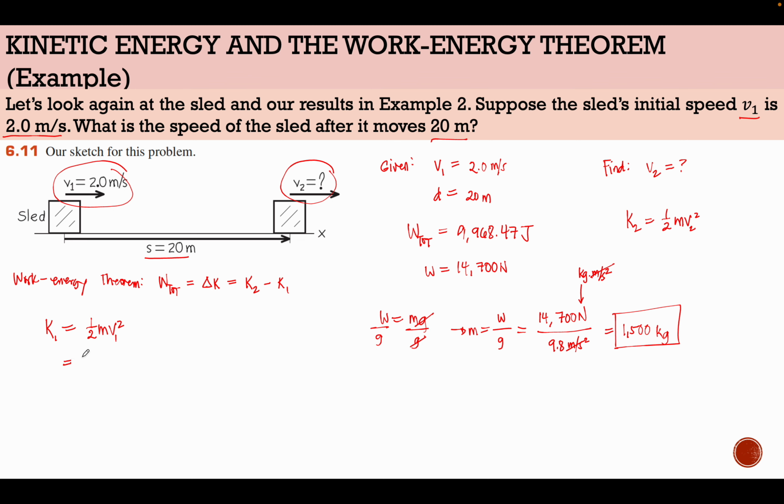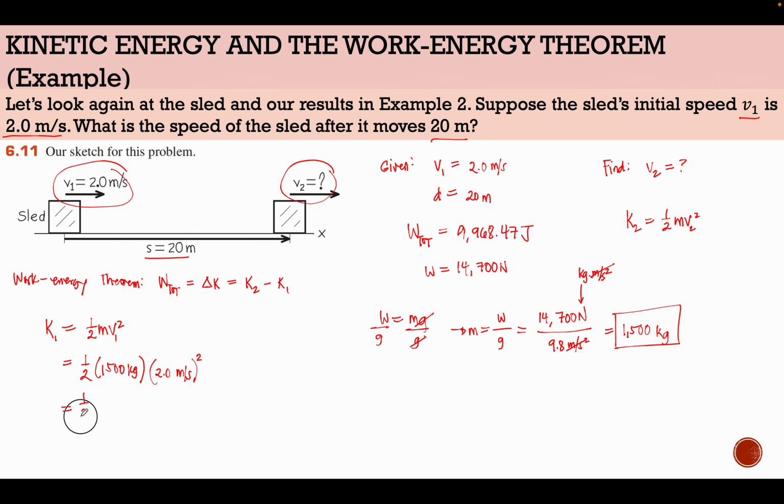So we have 1/2 times 1,500 kilograms times V sub 1 quantity squared, or 2 meters per second quantity squared. Okay.